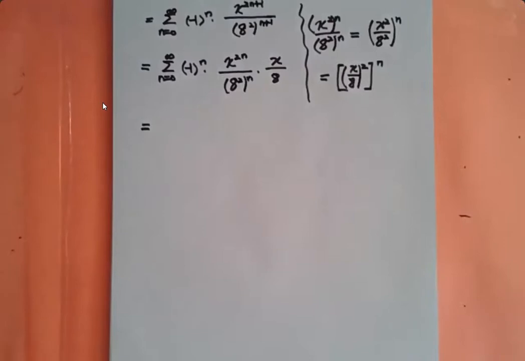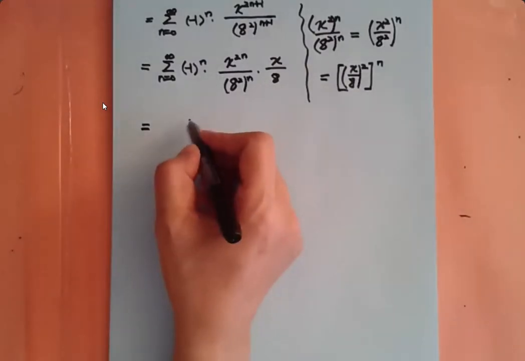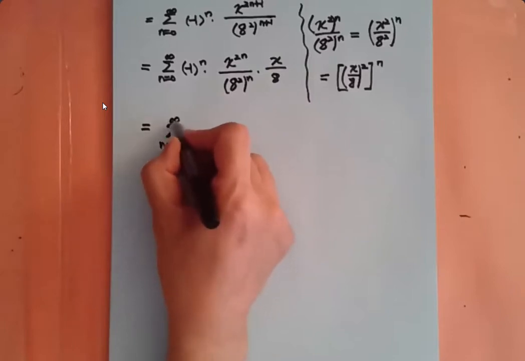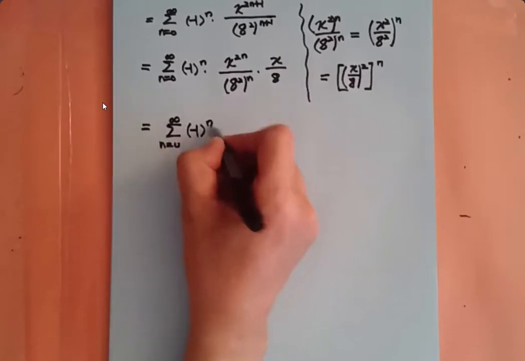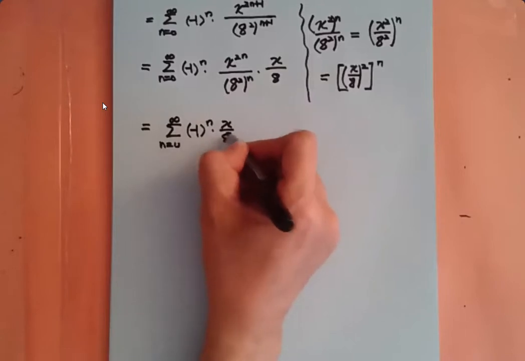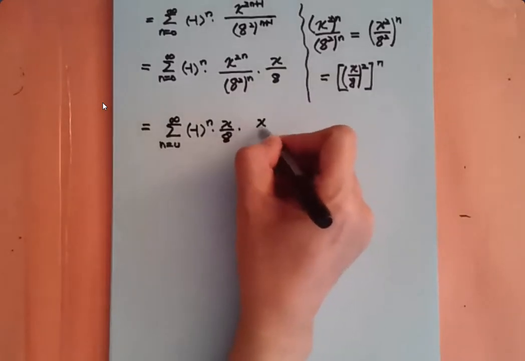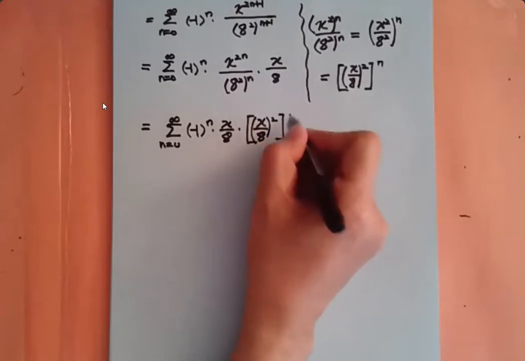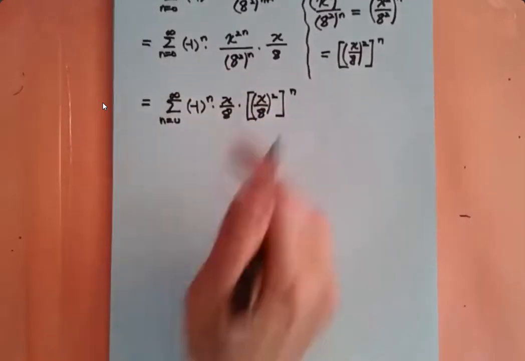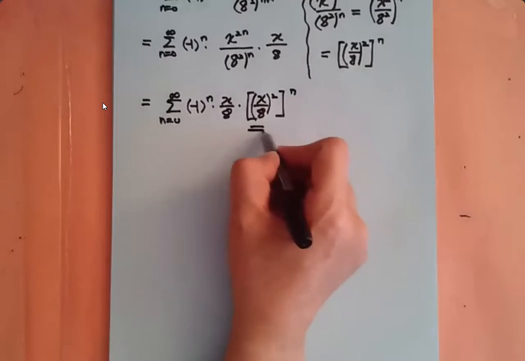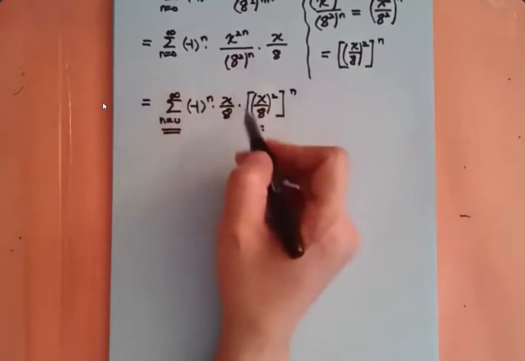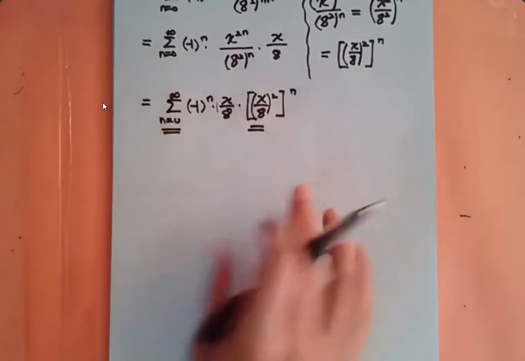So this can be written as the summation n equals 0 to infinity, negative 1 to the n power times x over 8 times x over 8 squared to the n power. So when this part converges, the entire thing will converge because this is just a fixed finite number.